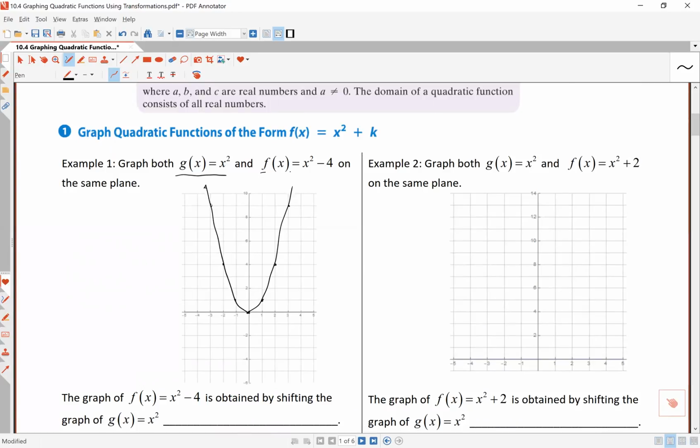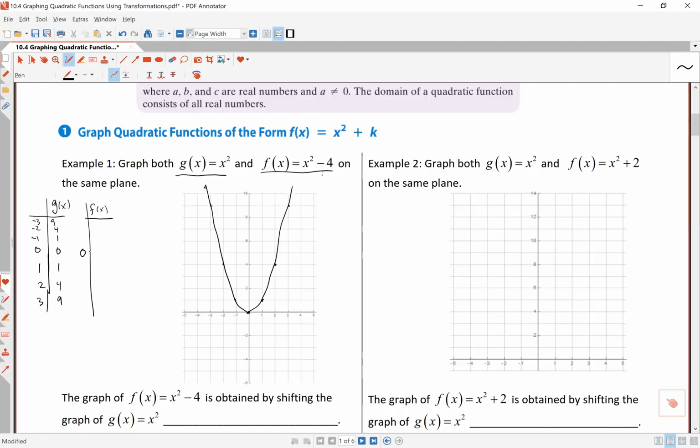And we think of f of x now as being that same graph, but with 4 subtracted from all of the y values. G of x passes through (0, 0), (1, 1), (2, 4), (3, 9), (-1, 1), (-2, 4), and (-3, 9), whereas f of x passes through those same numbers, but with 4 taken away from them.